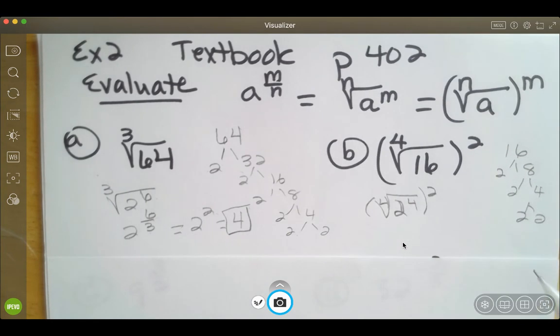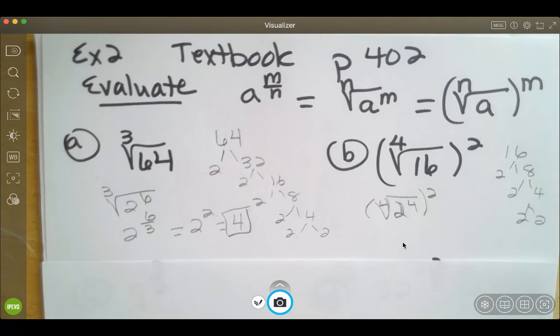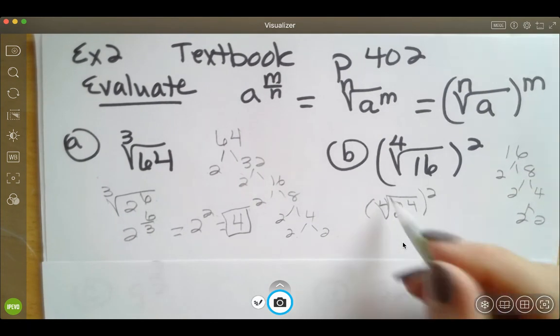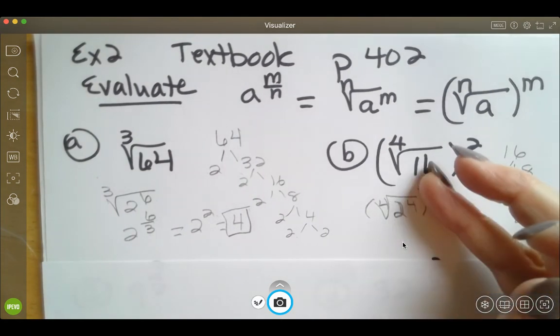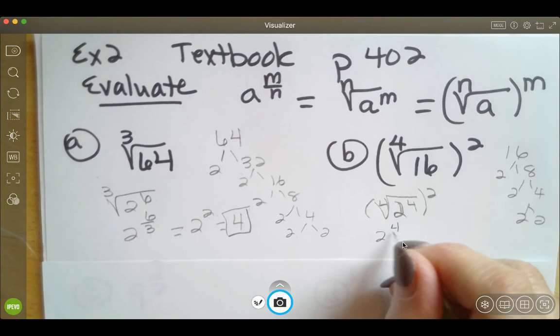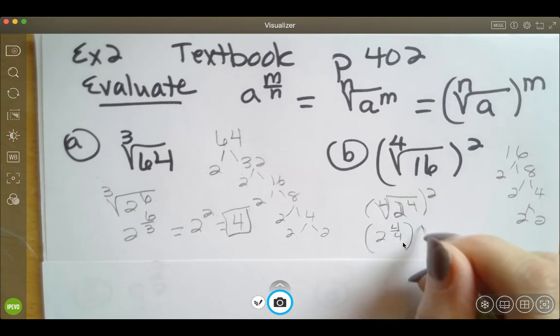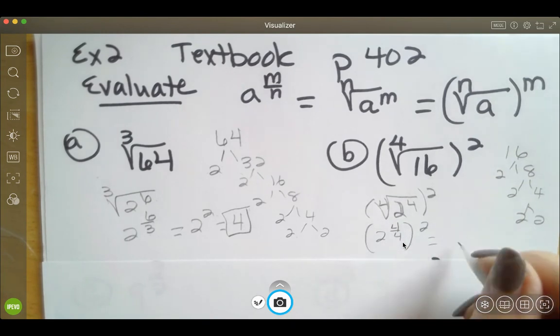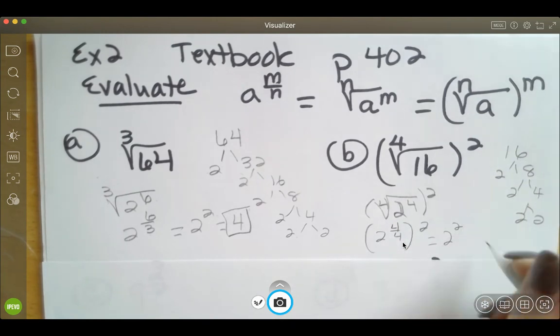All right, so look at this first. Remember, you're going to do inside the parenthesis. So 2 to the 4th root of that. So that's 2, 4 over 4 squared, which is 2 squared, which is actually 4.